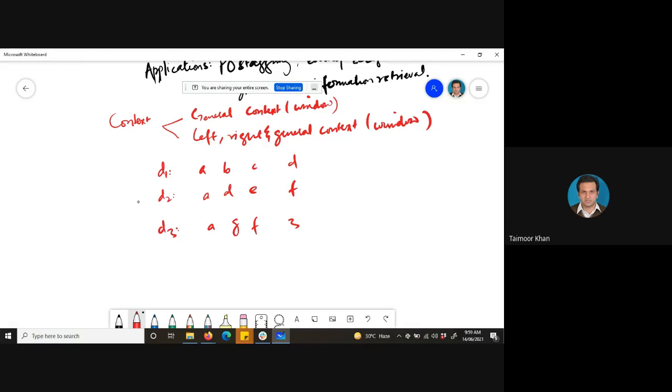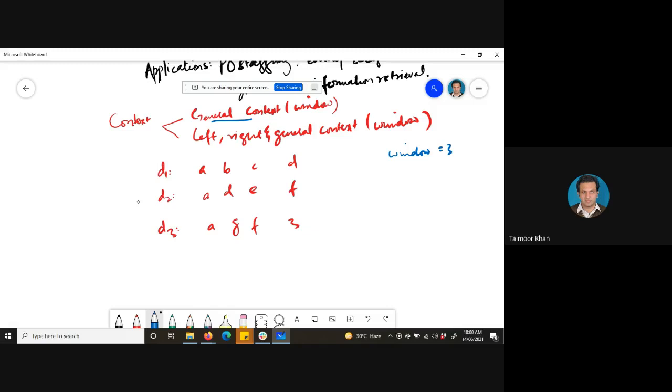In case we go with the general context approach, let's say I have a window of 3, and I'm interested in finding the relationship between words A and B if there is enough overlap in their context.